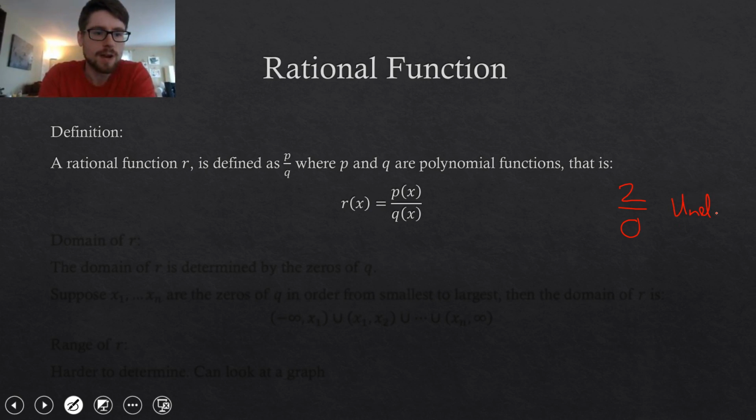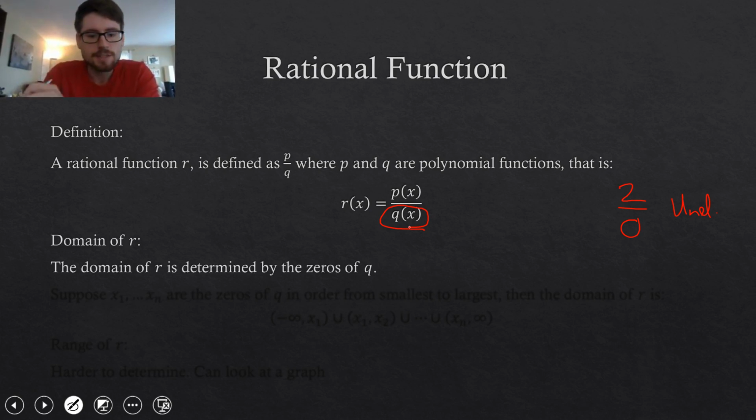So for a rational function, we've got fractions, we've got something in the denominator. If we ever plug in a value for x that makes that denominator 0, then our function is undefined. And so the domain of R is determined by the zeros, the x values that you plug into Q that would make it 0.